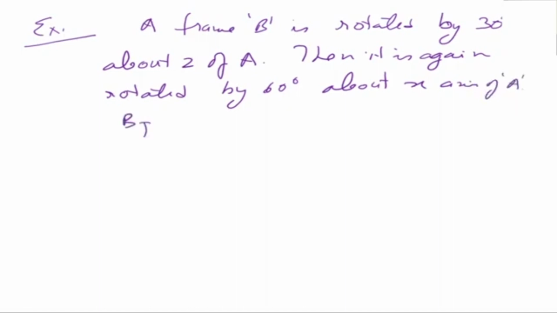Now if you are given BP equal to a particular coordinate, let's say (1, 1, 1), find what is AP.